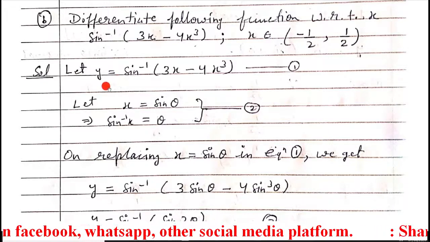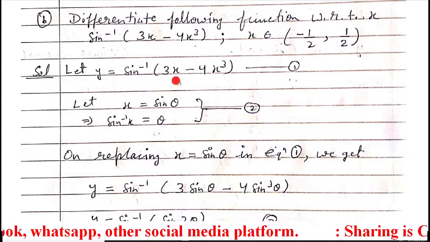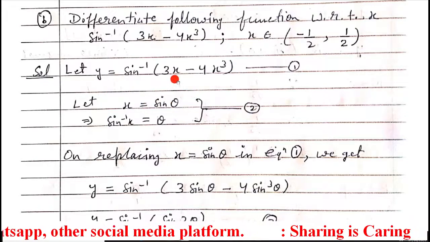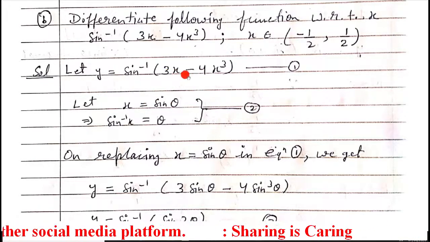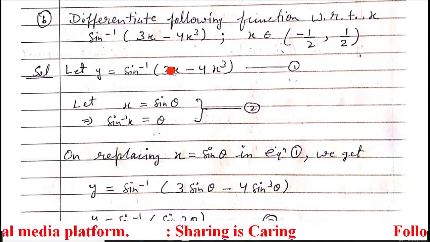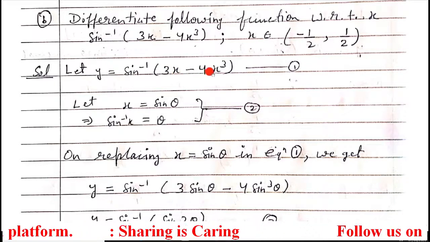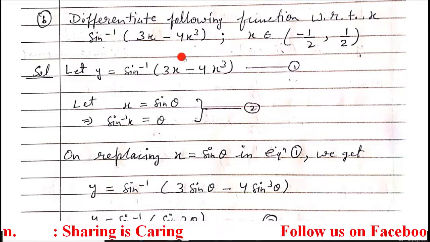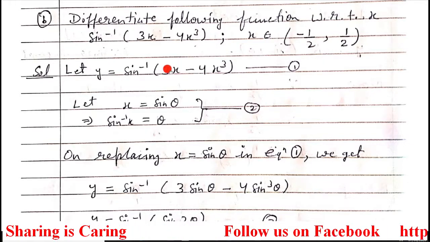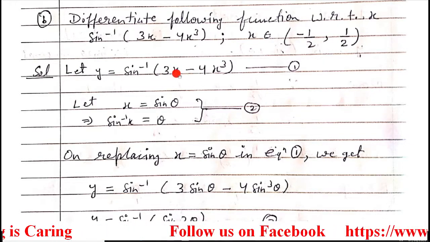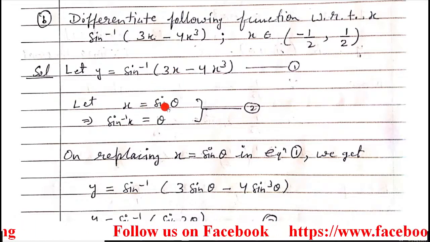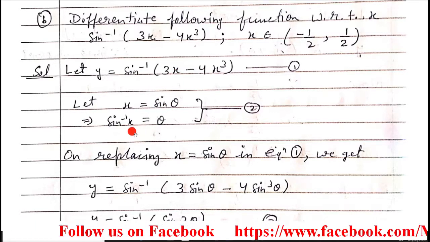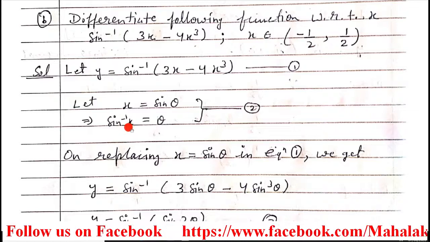So first we will assume the given function as equation 1, and here again we have to do substitution. If instead of x we substitute sine theta, then it will come in the form of the sine 3 theta formula. That's why we will replace x by sine theta, and from here theta is sine inverse x.